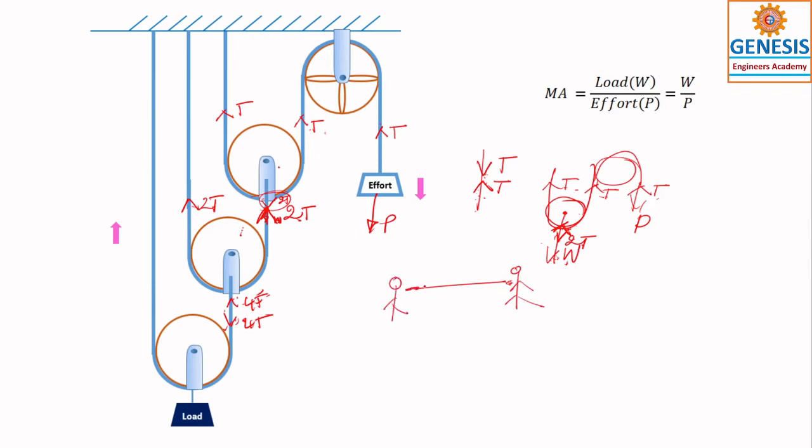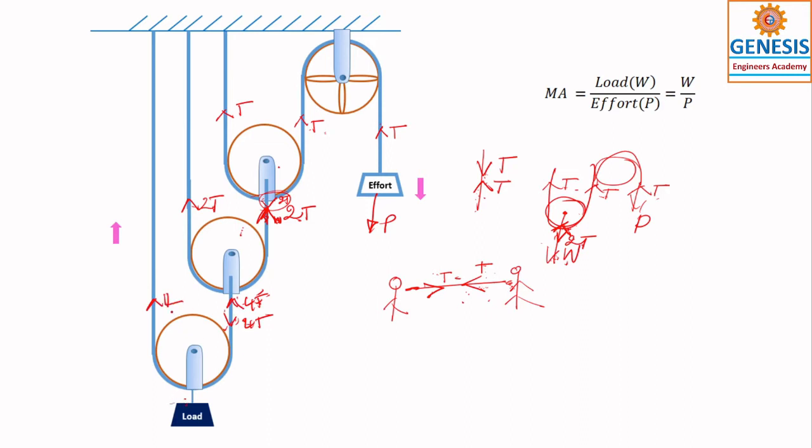Because of this, he applies the load, and its tension is T. This fellow also applies this one, and its reaction is T. Okay, if they are balanced, means if T is equal to T. If it is not T, one fellow will go out. For the equilibrium, you have to apply this in order that there is no breakup of the rope. So like that, it is 4T, it is also 4T.